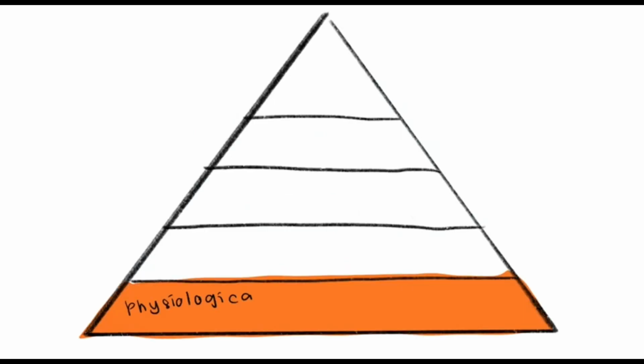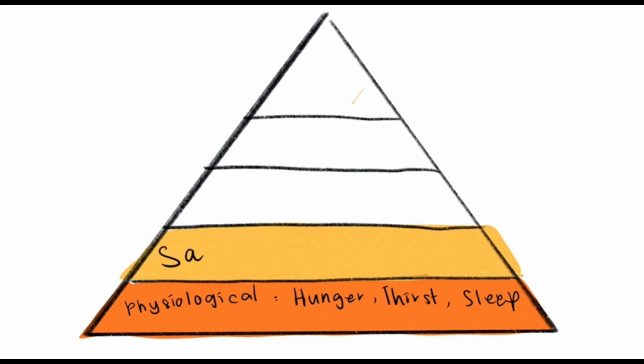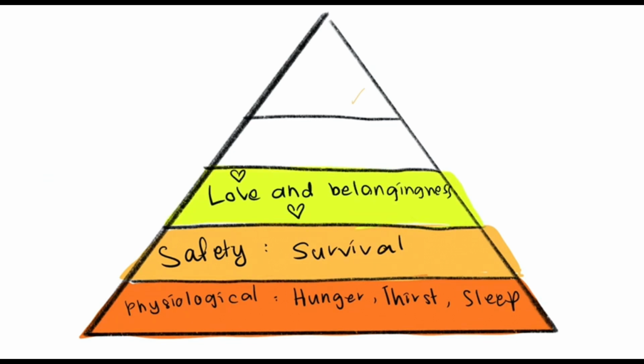The most basic needs are physiological needs, which means hunger, thirst, and the need to sleep. The second one, safety, which means ensuring survival, such as protection from war and crime. The third one, love and belongingness: security, affection, and attention from others, like family, friends, peers, and their social standing.